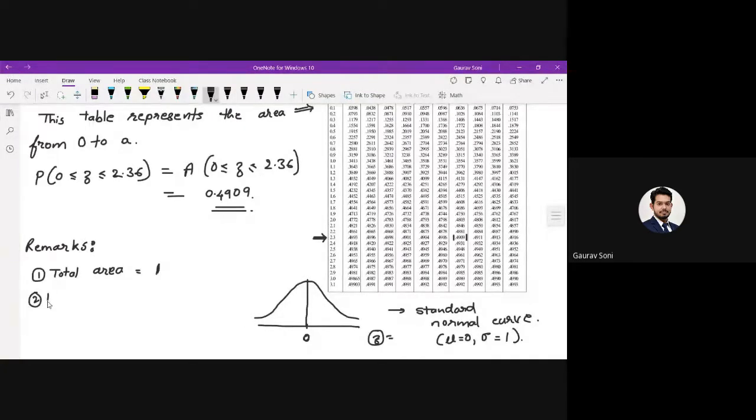Second, the area for minus infinity less than Z less than 0 is equal to, what is it?